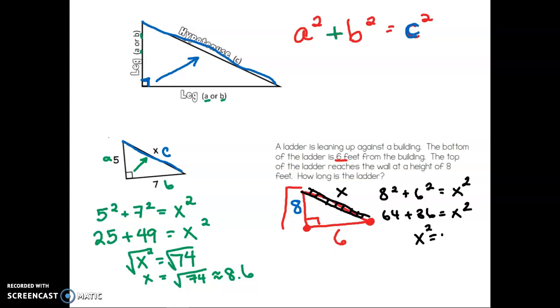So x squared equals 100. Now, remember, in order to get rid of something being squared, we have to take a square root of both sides. So x would be 10. This is how you solve for the hypotenuse using the Pythagorean theorem, when you know the two legs but you're missing the hypotenuse.